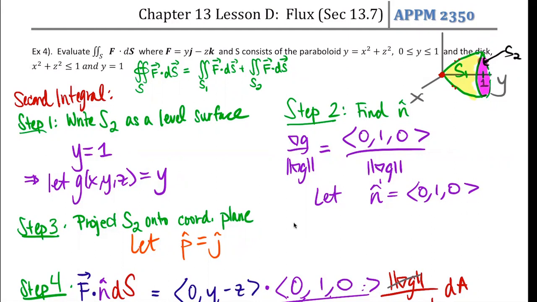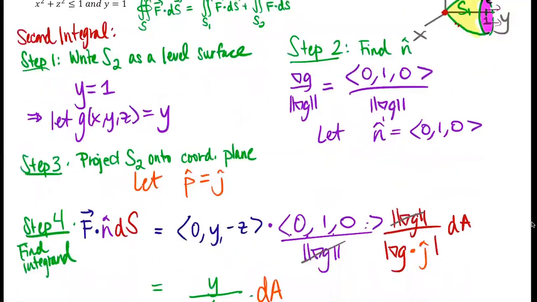So my g in this case, I can just let g be y. And then you notice that your n is just 0, 1, 0, which you could have seen probably just visually. You notice that this normal vector needs to just point out here in the direction of j hat. Okay, so now we are going to project.